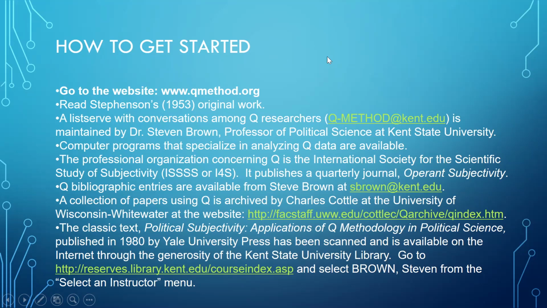They have a quarterly journal. There's a listserv you can join, and on the listserv, there will often be questions that come up, and you can get answers from all over the world from different Q researchers with particular specific answers to your specific questions.